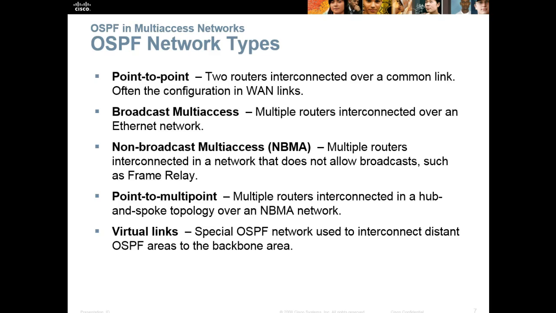Then there's NBMA, non-broadcast multi-access networks, where you have a lot of routers inside of a network and they don't broadcast at all, like a frame relay type switch. Frame relay is kind of outdated, but that's an example of an NBMA network. And then point-to-multipoint, where you have one router talking to several routers at one time. It's kind of a hub-and-spoke technology.